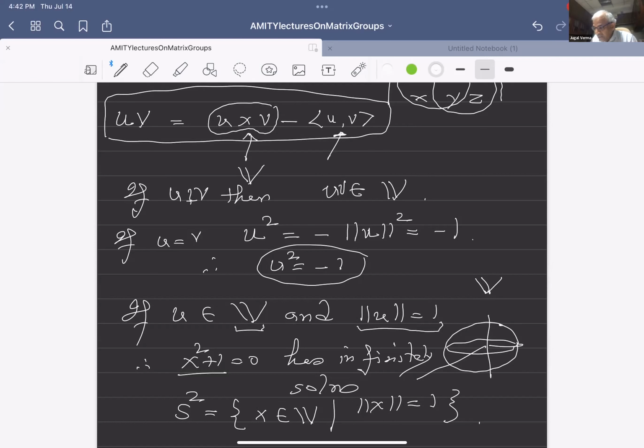In a non-commutative field, you see that U square equal to minus 1 has as many solutions as points on the unit sphere, the two-dimensional sphere in R3. Is that point clear? Yes, sir.